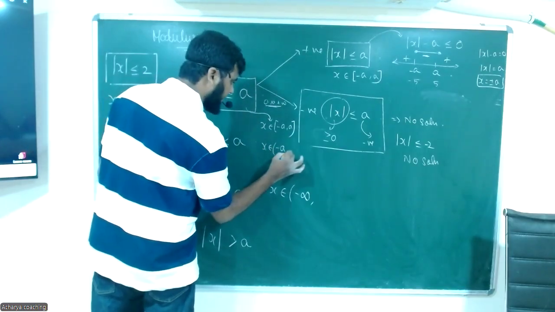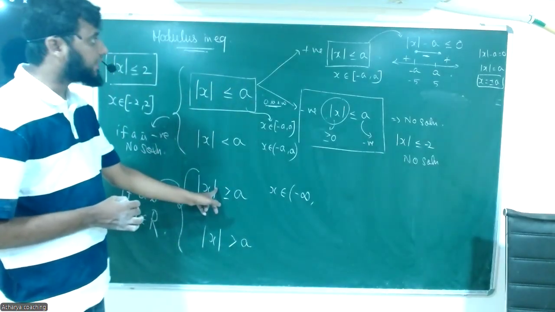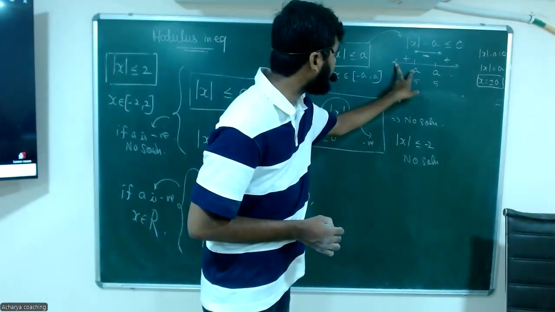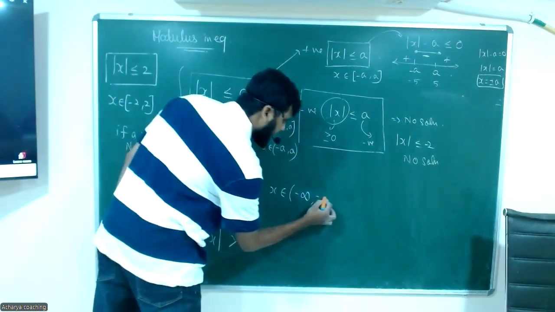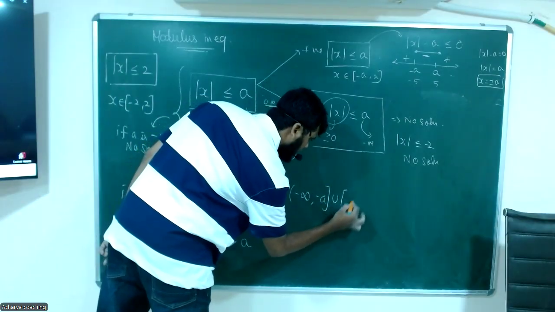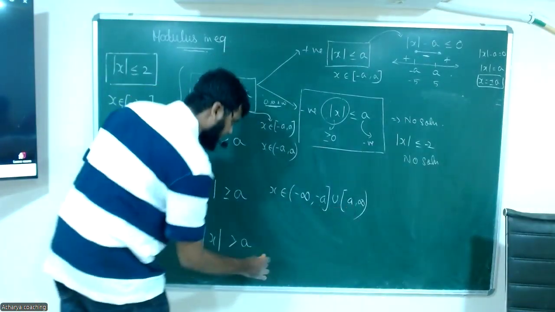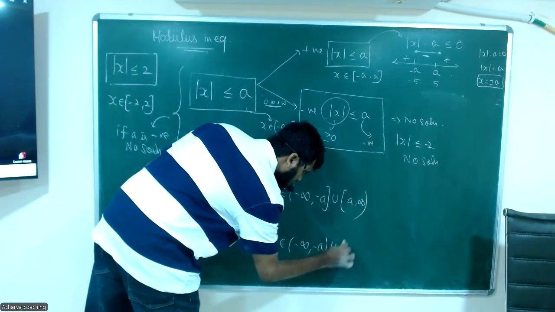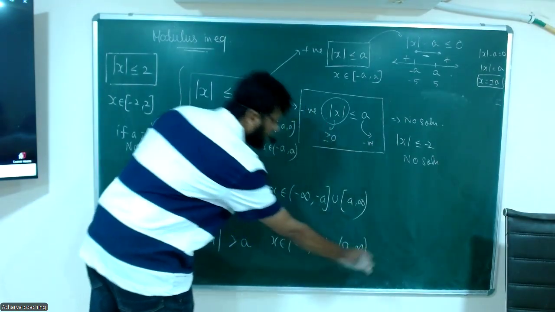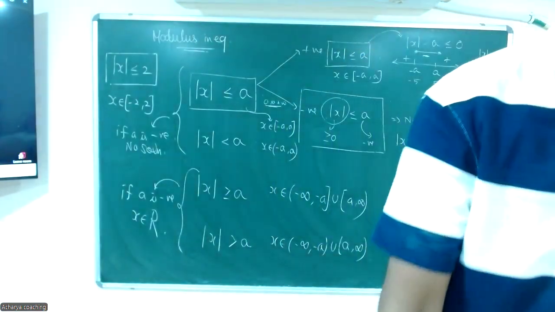So open interval minus a to plus a. Okay. So when this will be greater than 0, it is minus infinity to minus a, union a to infinity, plus sign. And here greater than a means minus a and plus a are not included. So x belongs to minus infinity to minus a open, union open a to infinity. Clear or not? If you have any doubt in this, you can ask.